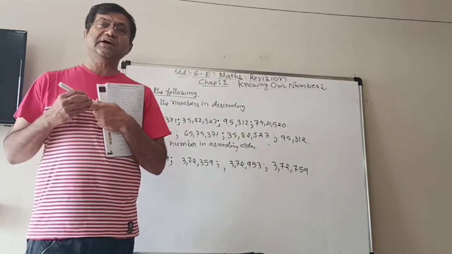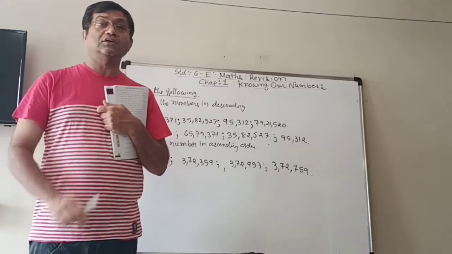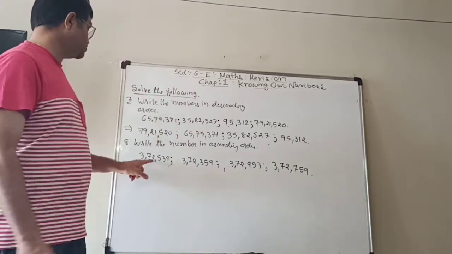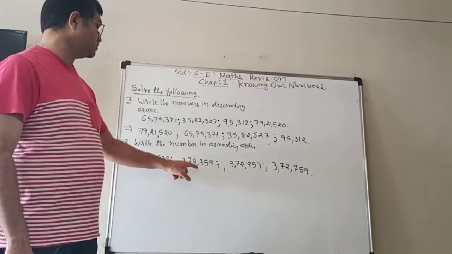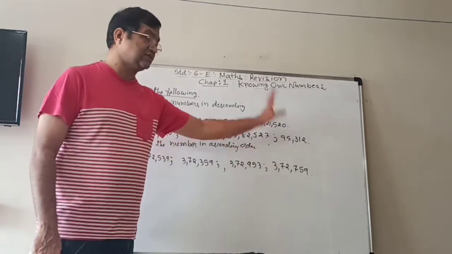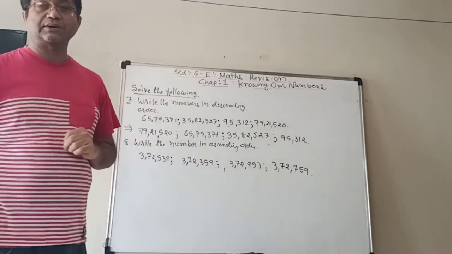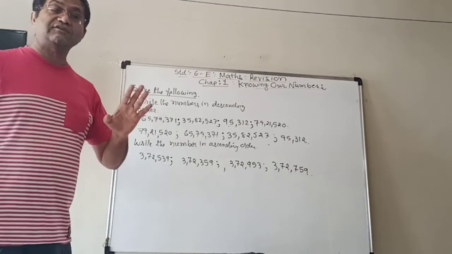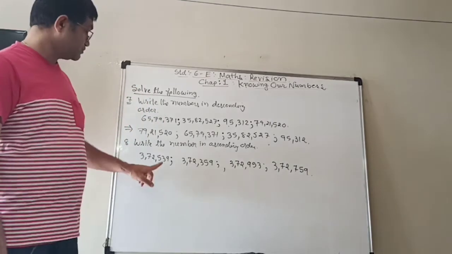Now here you can see that all are 1, 2, 3, 4, 5, 6. All are 6-digit numbers. So then we can start from the first digit.